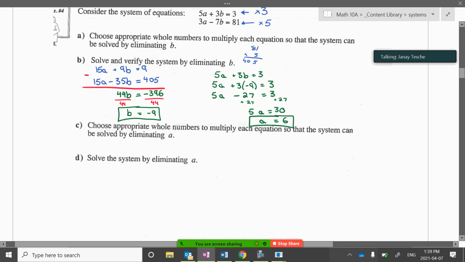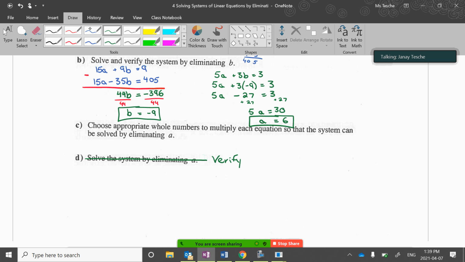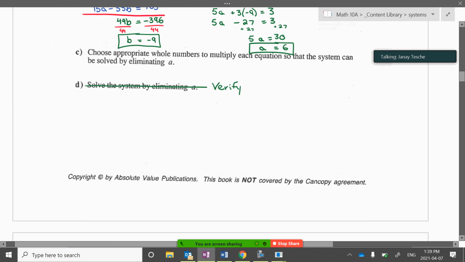For D, what happens if it said verify? How do I verify that 6 and -9 are correct? Good. You have to plug it into both. That's the annoying part. The verify is time consuming, but let's make sure you do it.